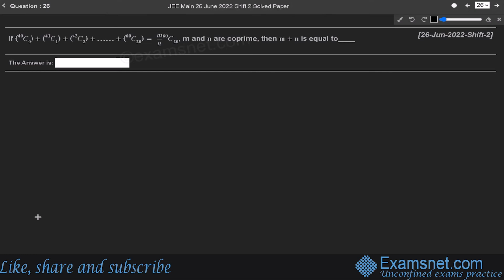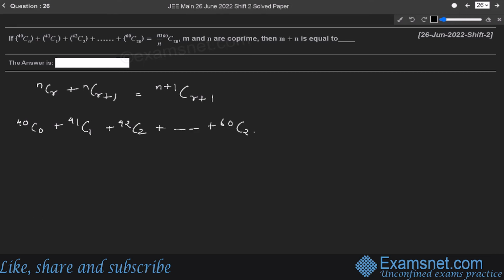So here in this question, a property is used, which is nCr plus n C r plus 1 is equal to n plus 1 C r plus 1. The given statement is 40C0 plus 41C1 plus 42C2 plus so on up to 60C20 is equal to m by n into 60C20.